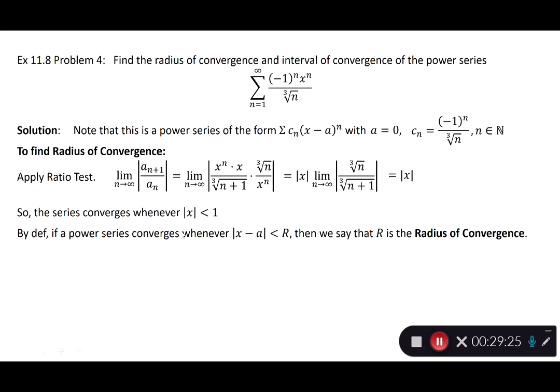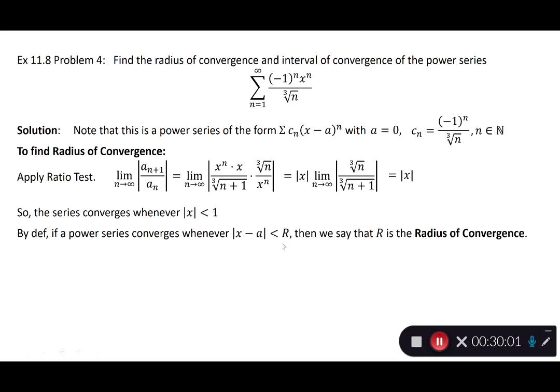We have this power series in our example, and it converges whenever the absolute value of x is less than 1. Does the absolute value of x less than 1 look like the absolute value of x minus a less than r? Yeah. What is a? 0. What is r? 1. End of the story.